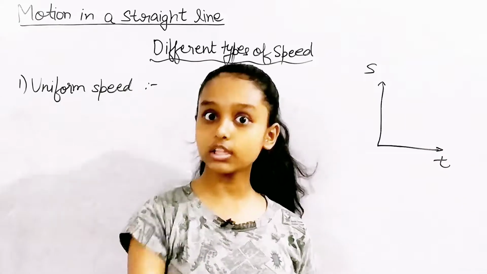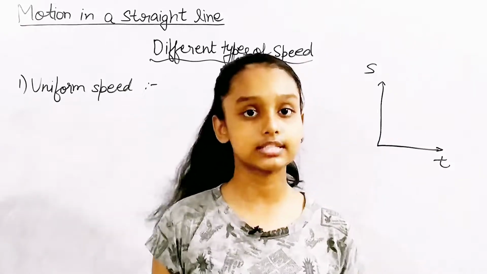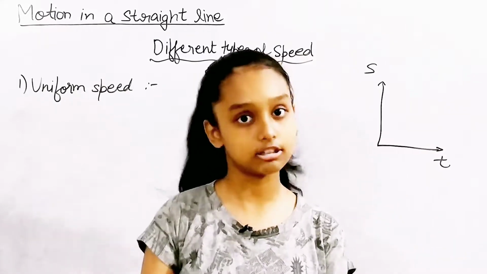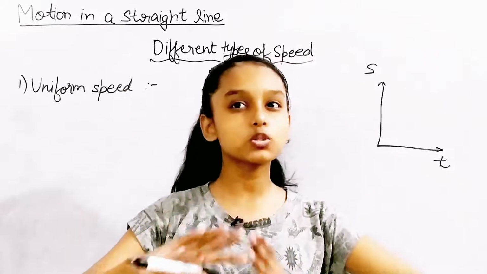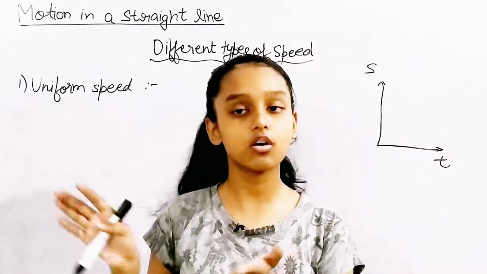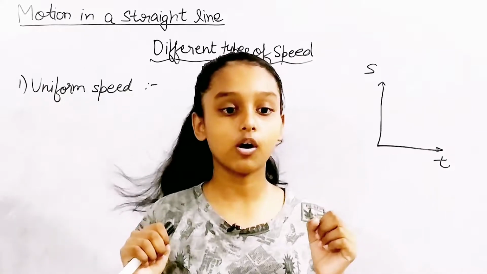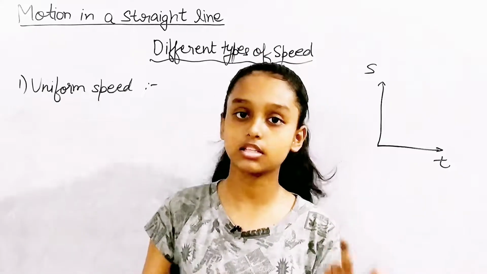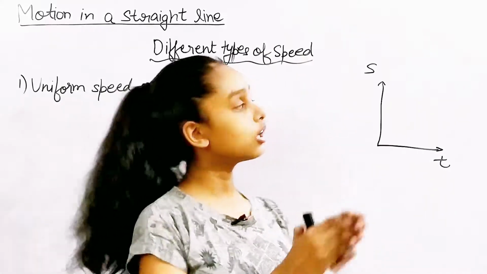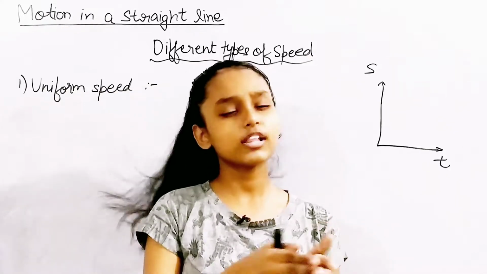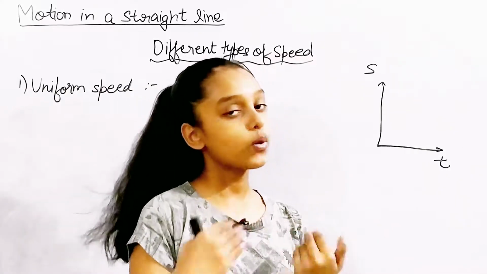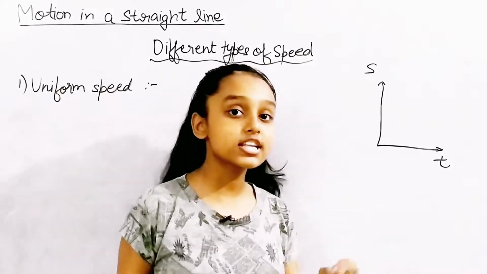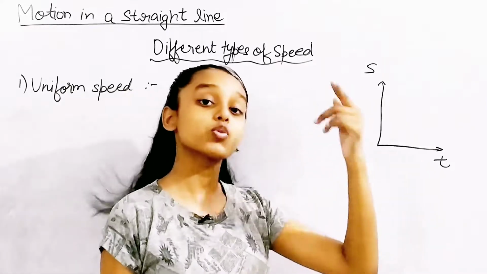But I will discuss these two units, SI and CGS, separately, maybe in just one video. But for now, let's get back here. So S is for distance, which is in meters.